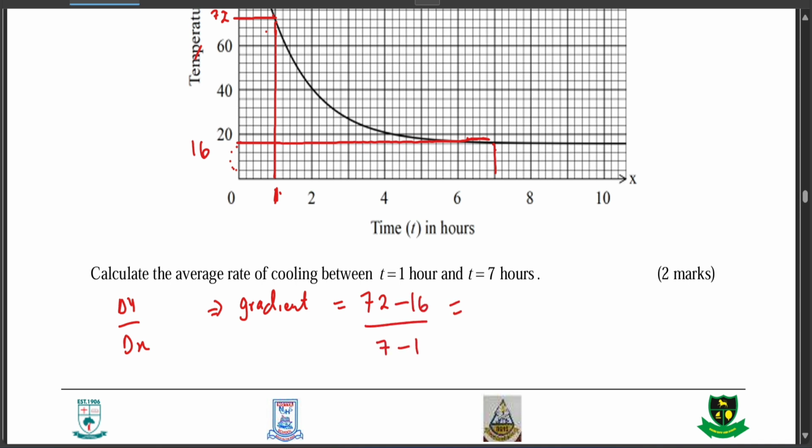So 72 minus 16 is how much? It gives us 56 divided by 6, which is 9.333 degrees Celsius per hour, something like that. So all in all, that's your answer.